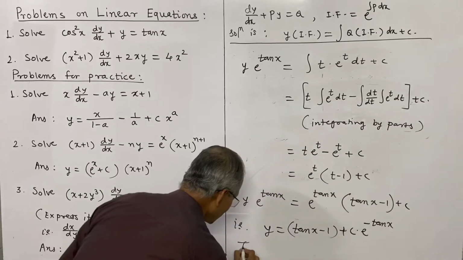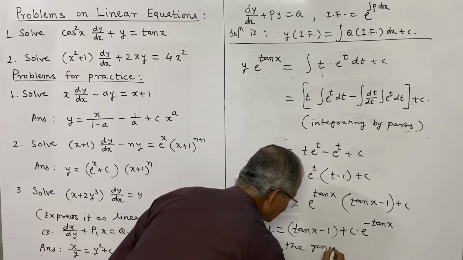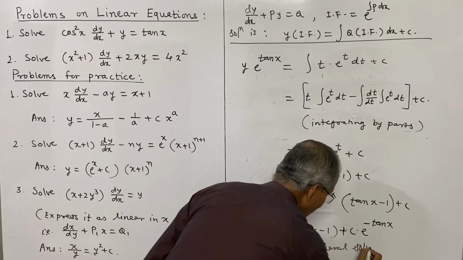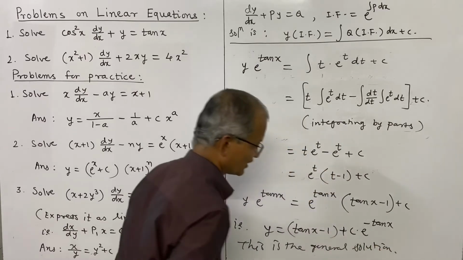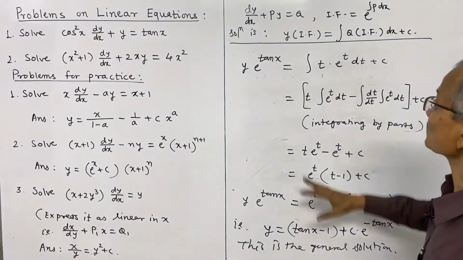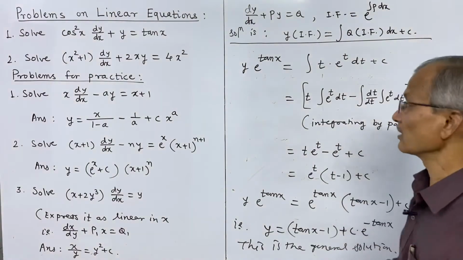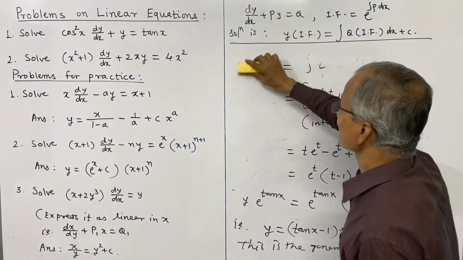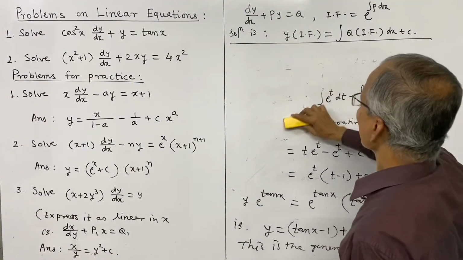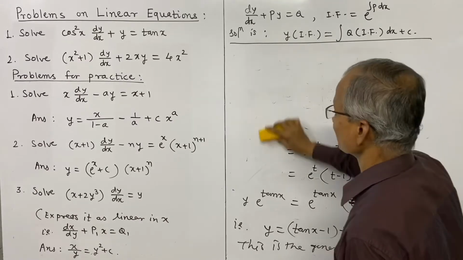This is the solution, or this is the general solution, and thus we have solved the first problem. So it is easy to solve linear equations, but we must remember the exact form of the linear equation, then what is the integrating factor, what is the solution rule for its solution.